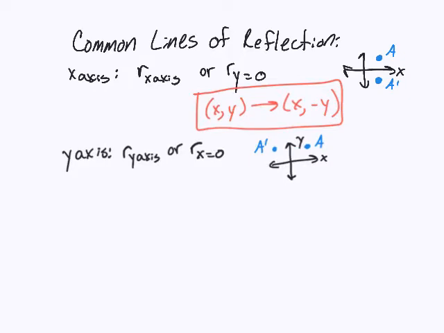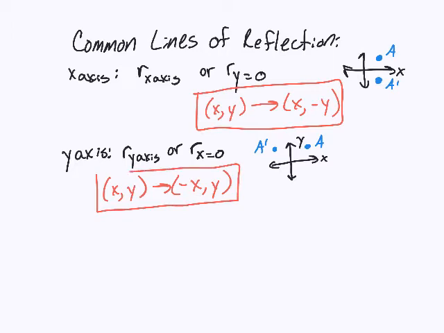The y value doesn't change, but the x value is negated. So this rule is going to be x, y will map to negative x, y. So when you're reflecting across the y-axis, the y value doesn't change, only the x value does. So that's our second rule we can use. I'm going to box that in so you can find it.